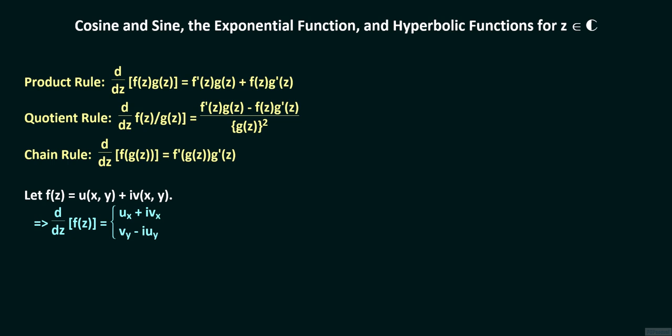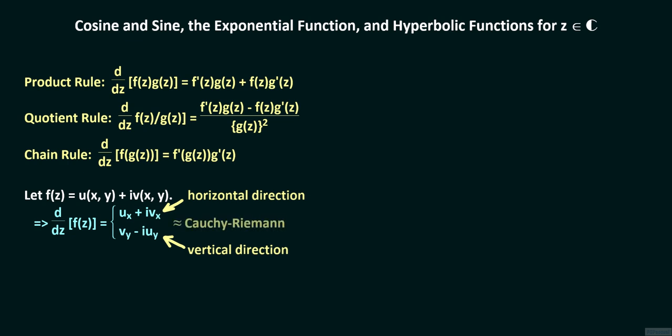Where do these formulas come from? These are the formulas for f prime when obtained along the horizontal direction and along the vertical direction. If f prime were to exist, these two formulas should give the same value, thus leading to the Cauchy-Riemann equations.